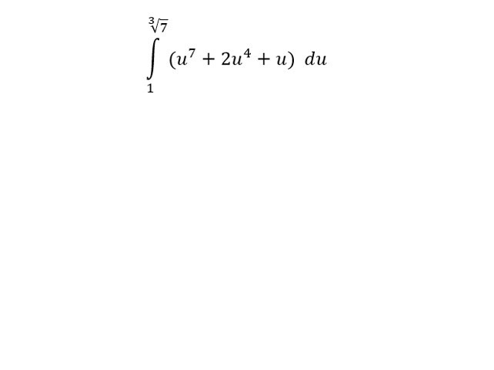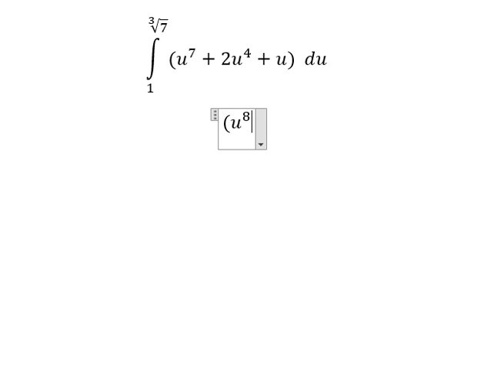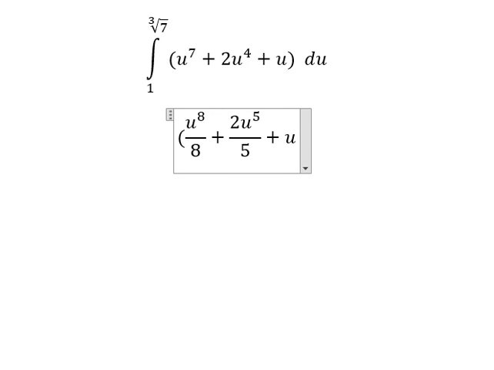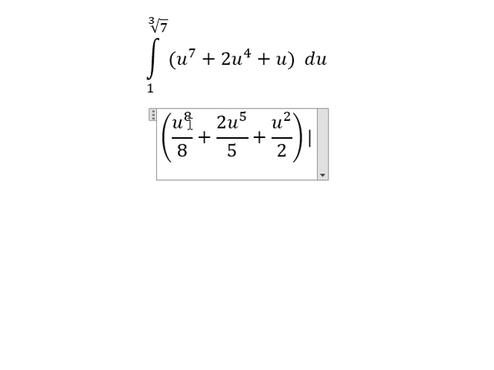Now, the integration of u to the power of 7, we have u to the power of 8 over 8. The next one is u to the power of 5 over 5. The next one is u squared over 2. And we put the bounds from number 1 to this one.